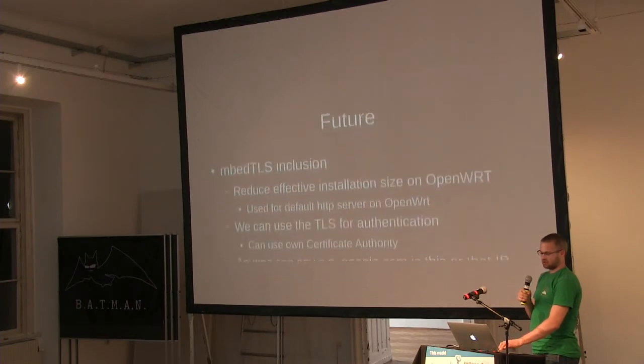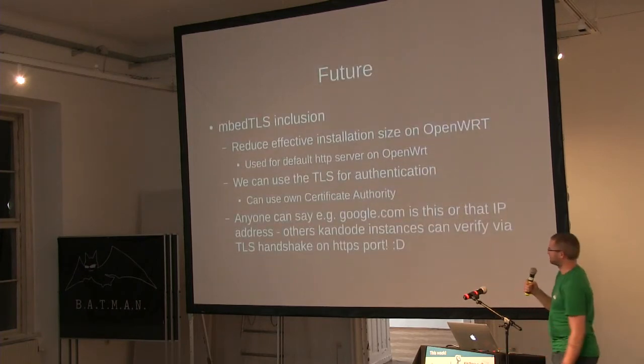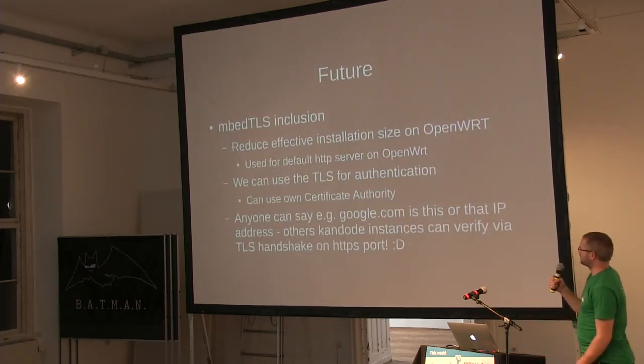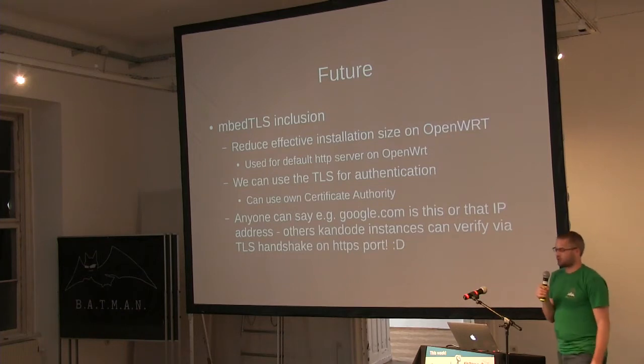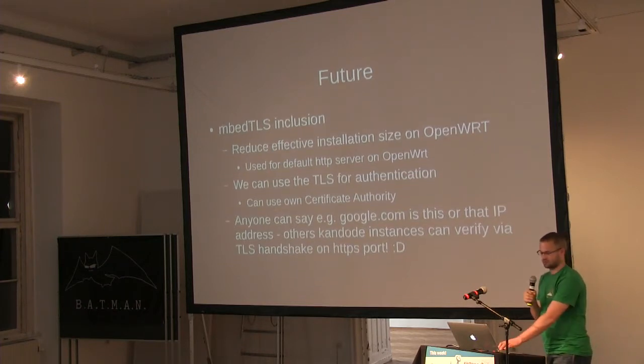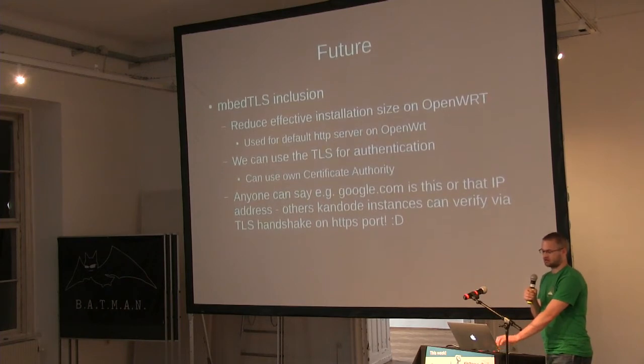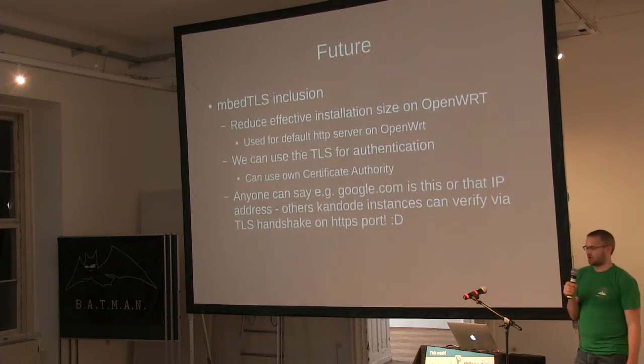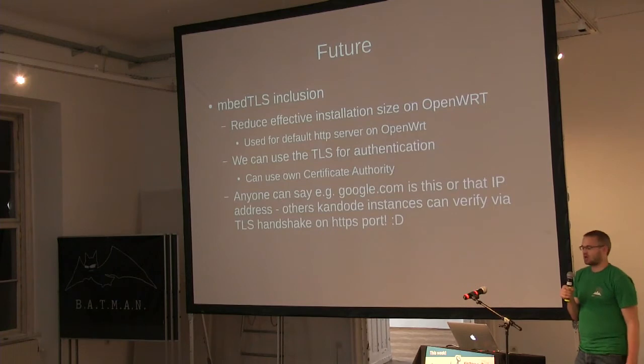And what I'm also currently working on is to support TLS, because on OpenWRT you have an HTTP server, and it uses an embedded TLS library. And I thought, okay, I also have a crypto library, why don't I use it? It also uses a public key infrastructure, or my own, and I can also try to integrate it.